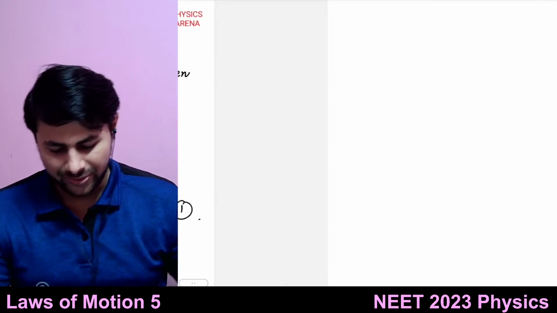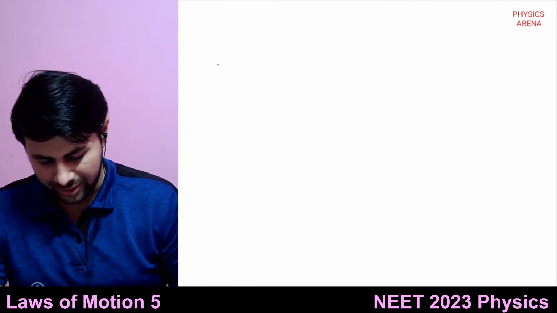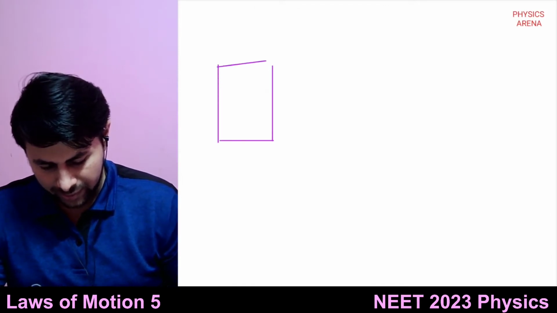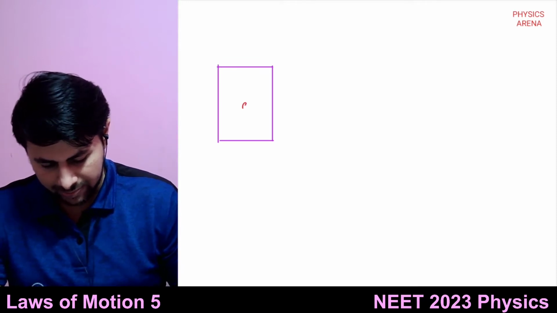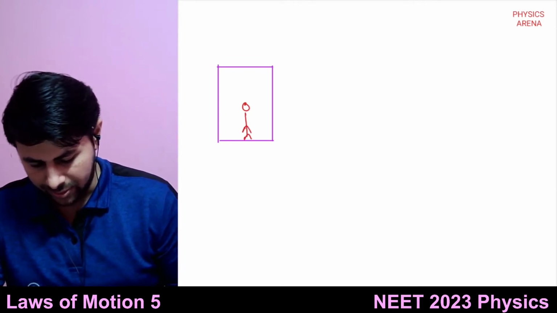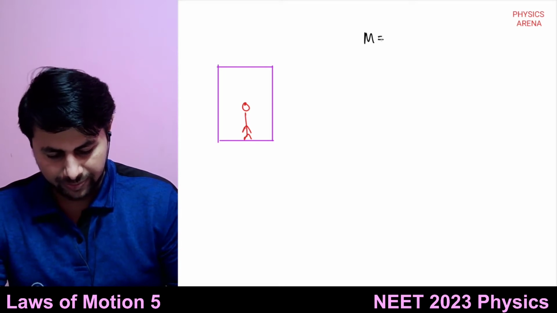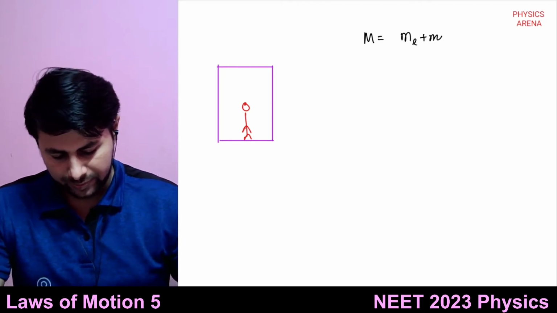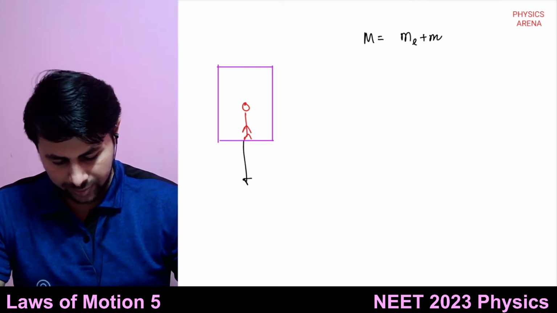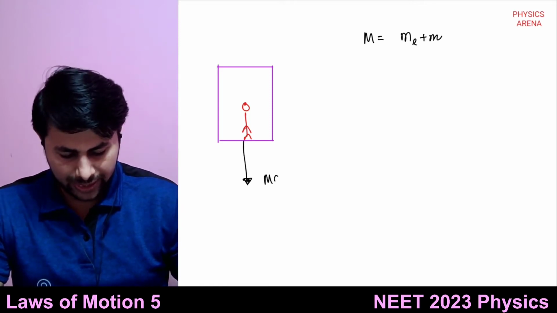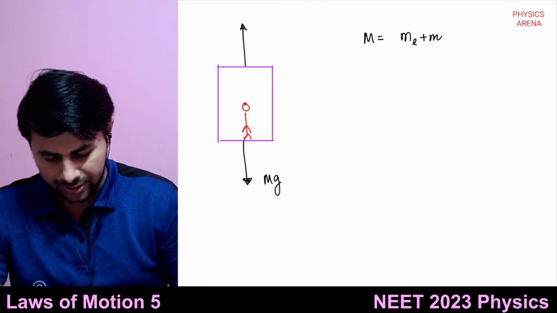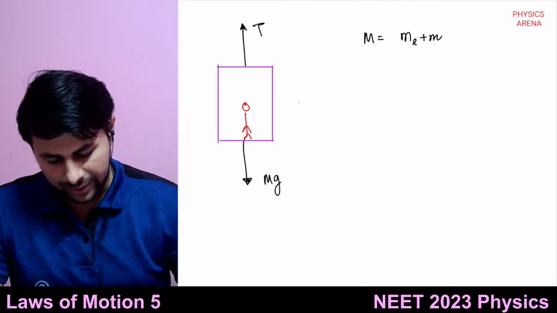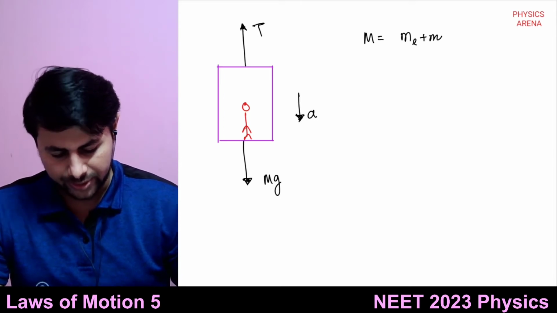Let's find it out. We have this lift and this man inside the lift. The total mass is M, which is the mass of the lift plus the mass of the man. The total weight acts downwards. The tension in the rope of the lift acts upwards, and the acceleration is, suppose, downwards.